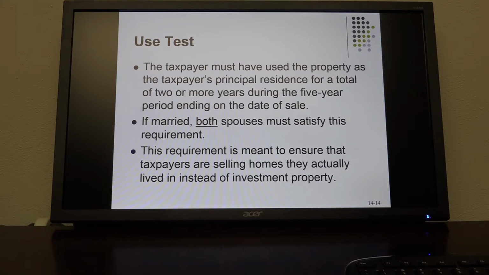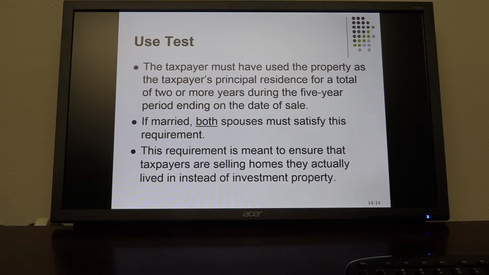You still meet the use test, right, because you used it as your principal residence for 2 years of the 5 years ending on the date of sale.